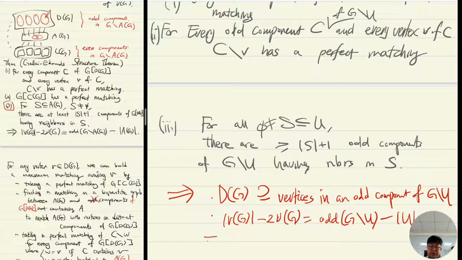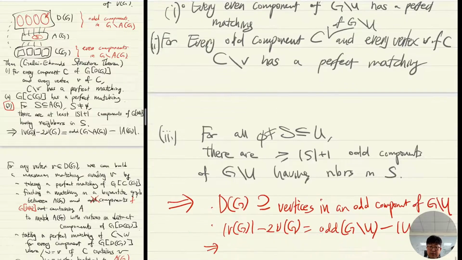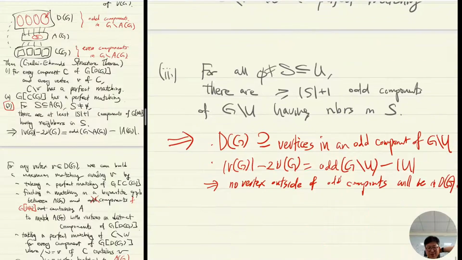So that means, yes, no vertex outside odd components will be in D of G, because they cannot be avoided by maximum matching. So, which means that D of G is equal to vertices in an odd component.